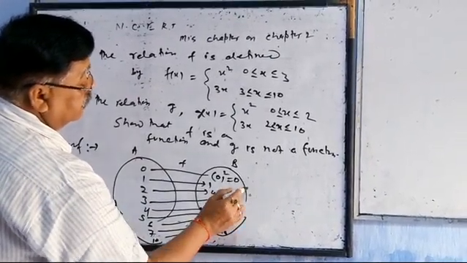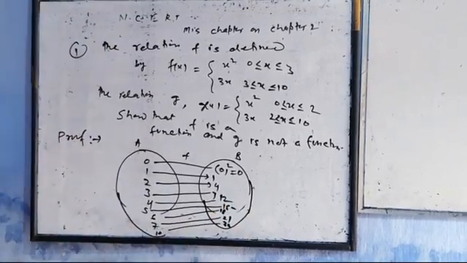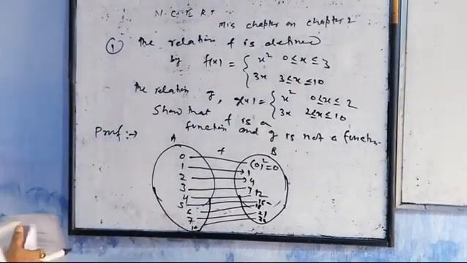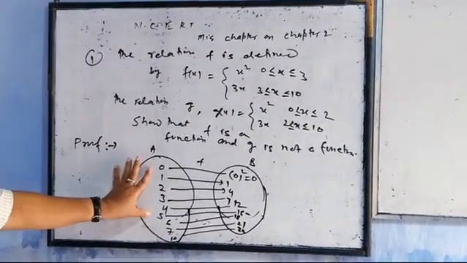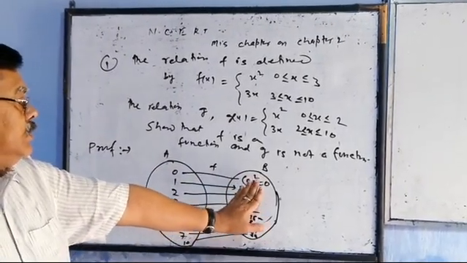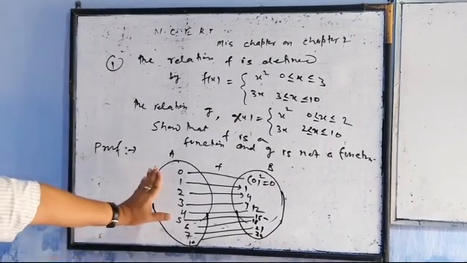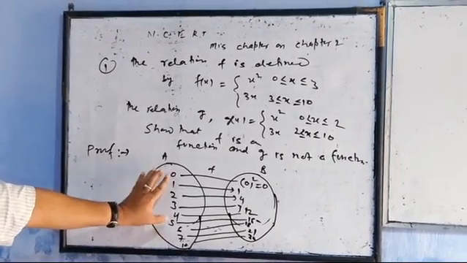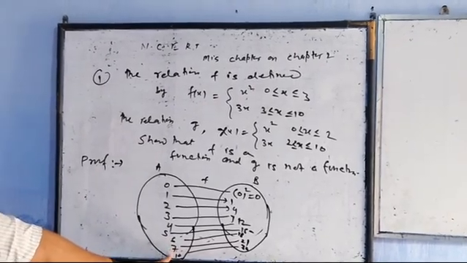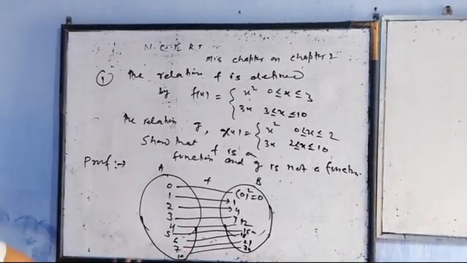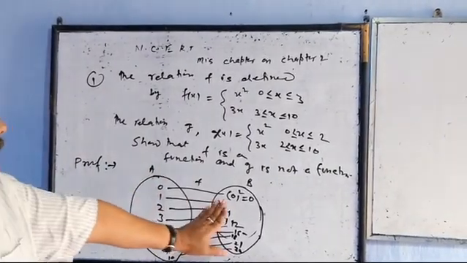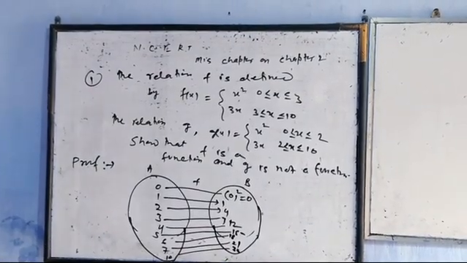So student, what are we observing here? Every element of the domain is associated with a single element of set B. No elements of the domain are left: 0, 1, 2, 3, 4, 5, 6, 7, 8, 9, similarly 10 gives 30. So all elements of the domain have an image in the codomain, so it is a function.